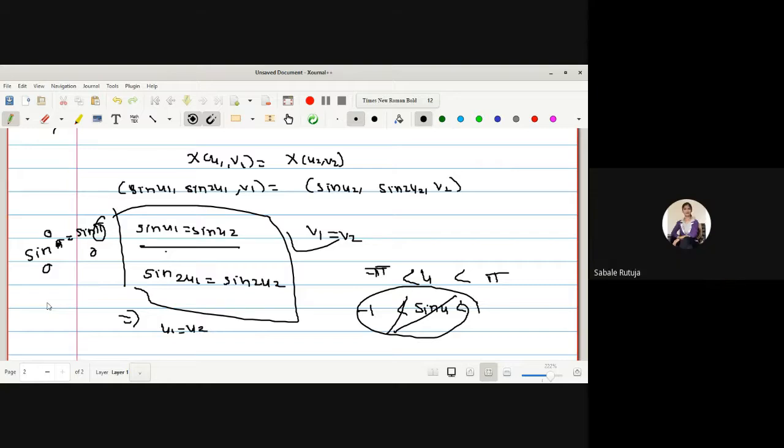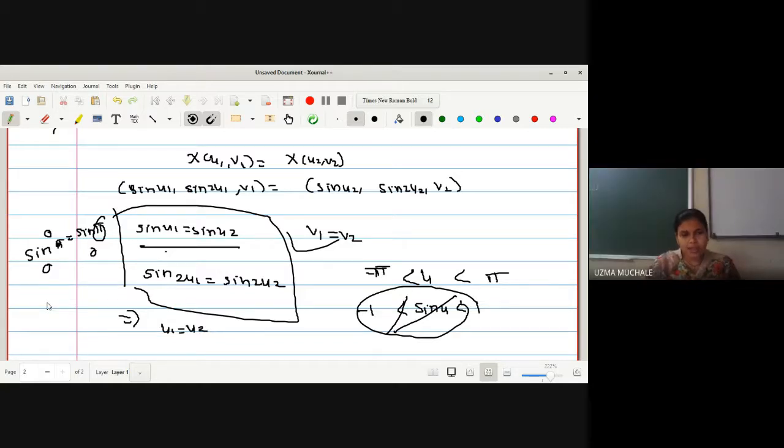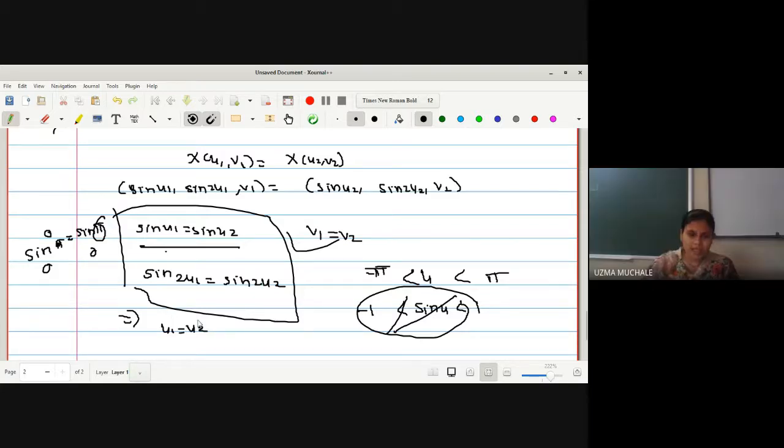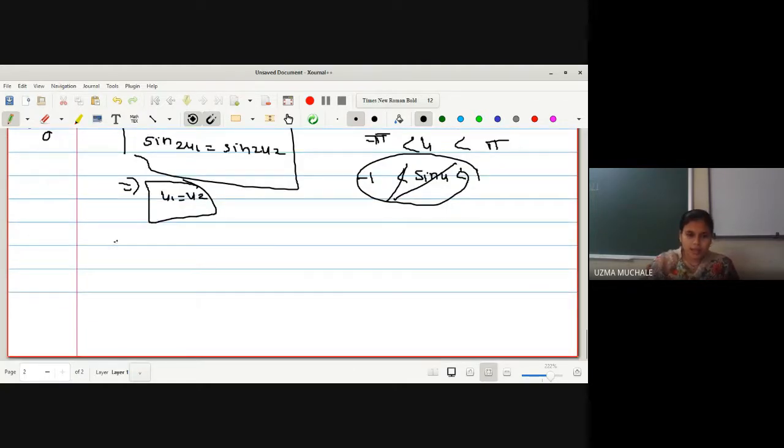Yes, ma'am. साइन 0 और साइन पाई के एग्जाम्पल से समझ सकते हो, but pi is not in our domain, it is an open interval. So पाई को छोड़ के अगर कोई ऐसा फंक्शन है हमारे पास कि जहाँ पे हम कह सकते कि sin 0 is equal to sine of some another angle, whether it is possible in this particular domain? No, ma'am. So directly we can say that u1 is equal to u2, so hence x is one-one in this domain.